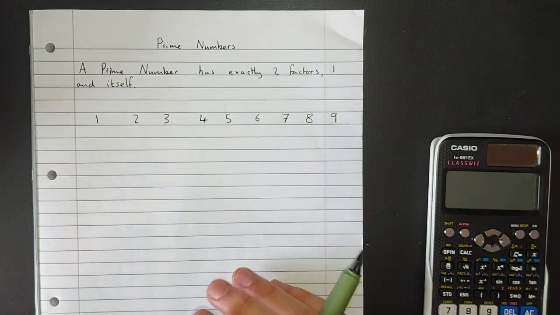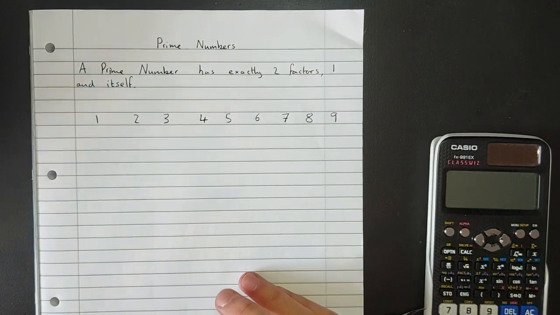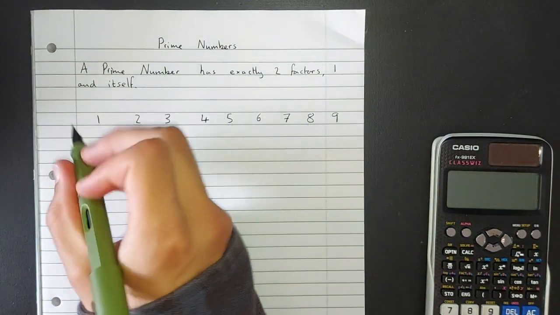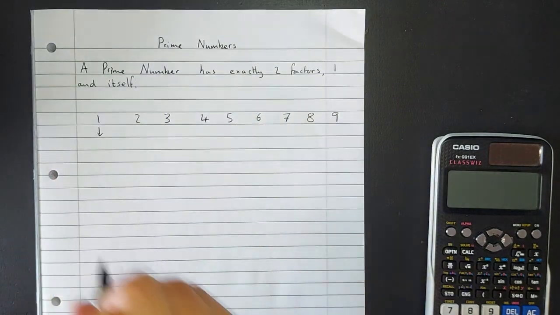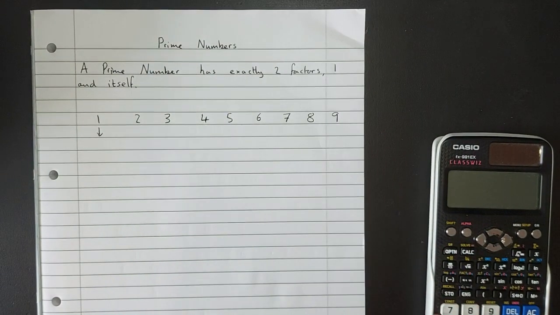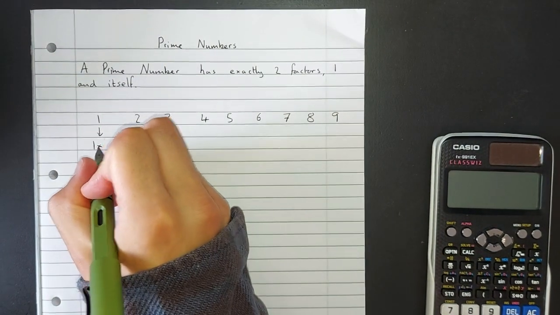If you look back at our video last time, what we mean by factors are whole numbers that multiply together to give that number. So let's start with 1. The only way you can get 1 by multiplying two whole numbers together is by doing 1 times 1.